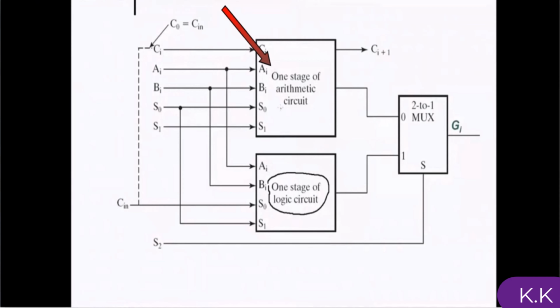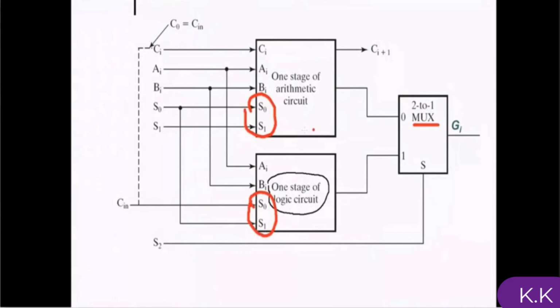Now I'm going to combine them to create a real 1-bit ALU. This is the circuit that I explained in the previous slide, the 4x1 multiplexer that selects between AND, OR, XOR, and NOT.